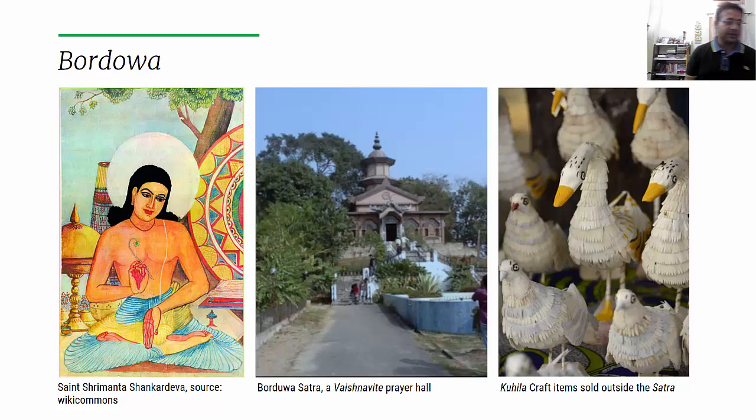The second example is a place called Bordua. Bordua is the birthplace of a saint called Srimanta Sankardev, who introduced Vaishnavism in the northeastern part of India, specifically in Assam, and he was a great dramatist and author and is a revered personality in Assam.